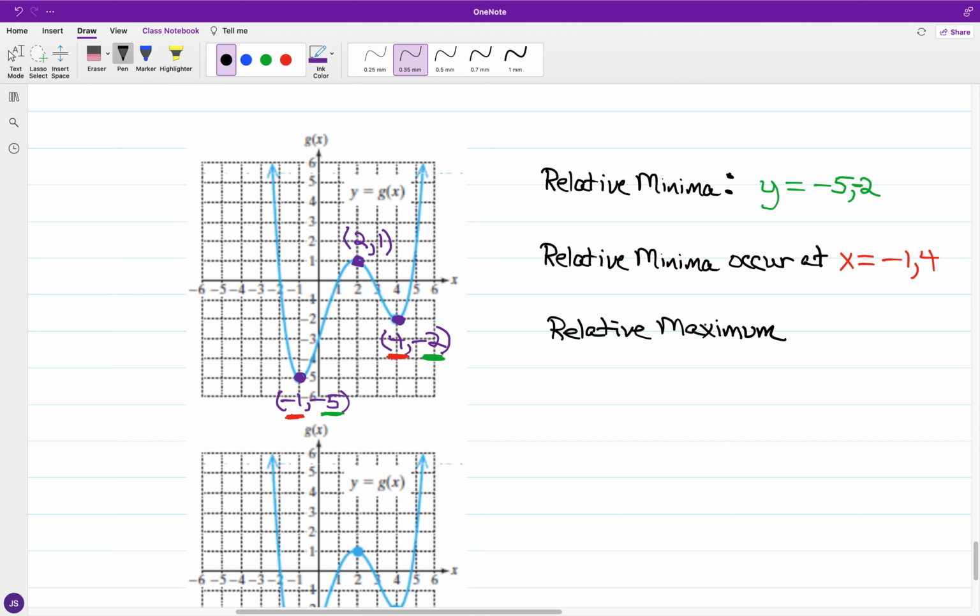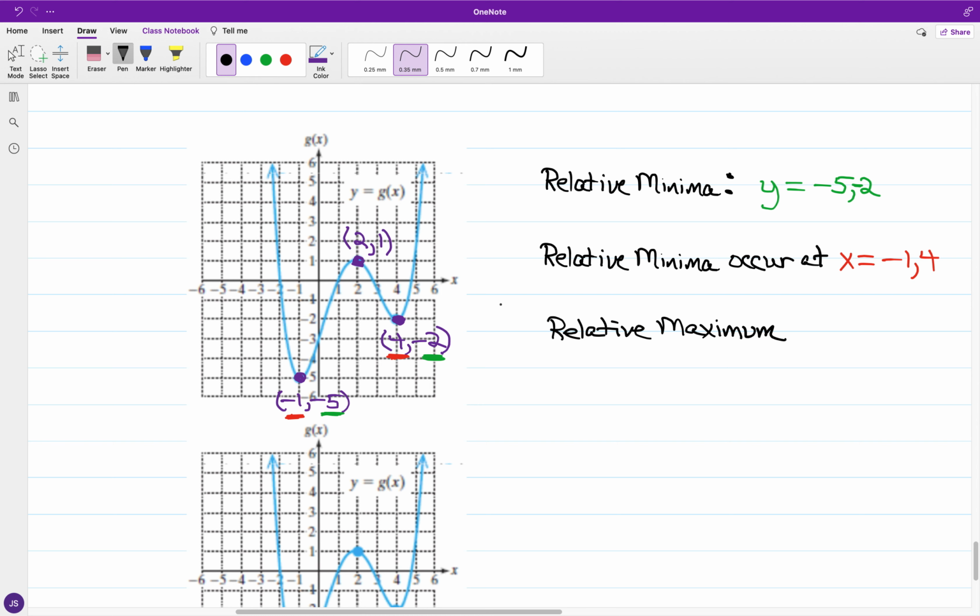In other words, if it says determine the location where the relative minima occur, or the location where the relative maxima occur, you're going to put in those x values. It's asking for the x values in that case. When it asks what is the maxima, that's the y value.